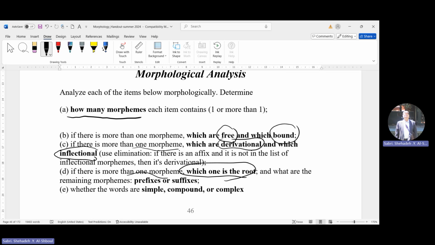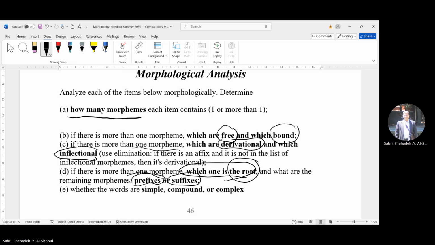It is the most embedded, semantically full form, meaningful, but the root sometimes cannot stand by itself, and sometimes it can stand by itself. And if we know the root, we can know what the prefixes are and what the suffixes are.